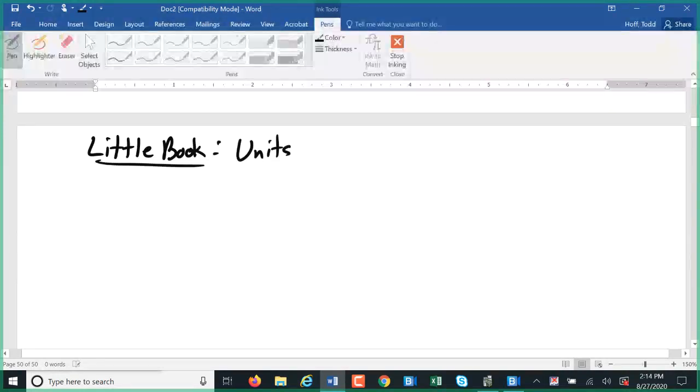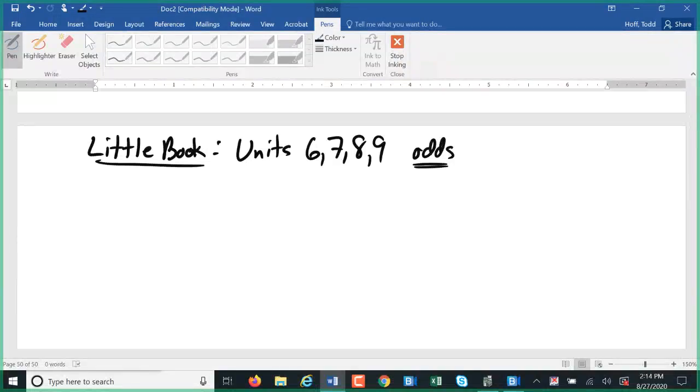Units 6, 7, 8, and 9. Again, the odd numbered problems. After next week, there won't be too many times where I give you 4 units worth of homework. It does get smaller once we get into more difficult topics.